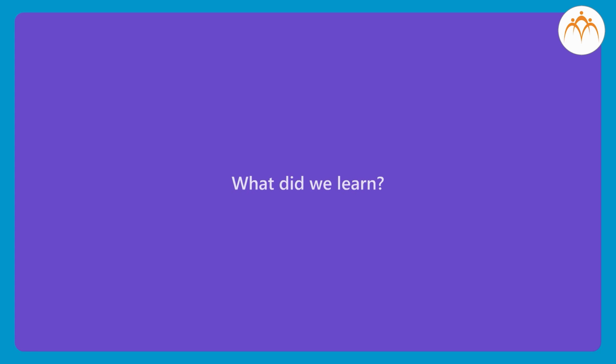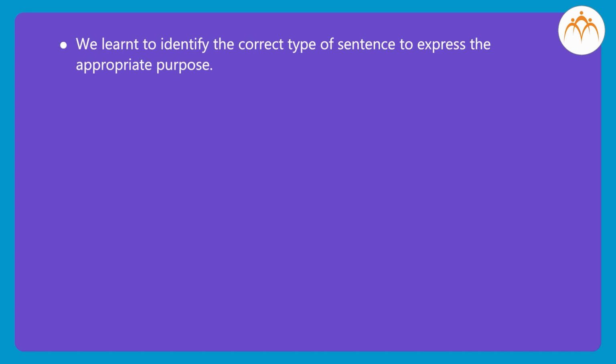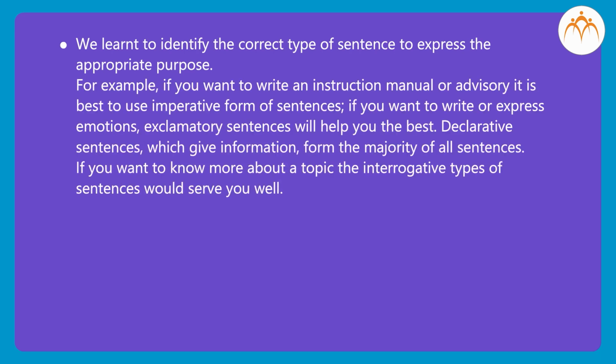What did we learn? We learned to identify the correct type of sentence to express the appropriate purpose. For example, if you want to write an instruction manual or advisory, it is best to use imperative form of sentences. If you want to write or express emotions, exclamatory sentences will help you the best. Declarative sentences which give information form the majority of all sentences.